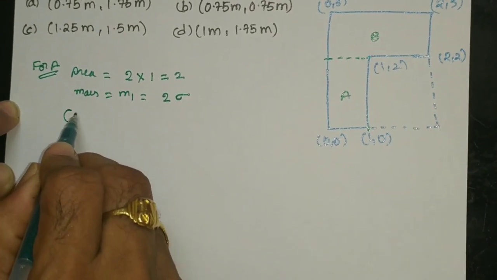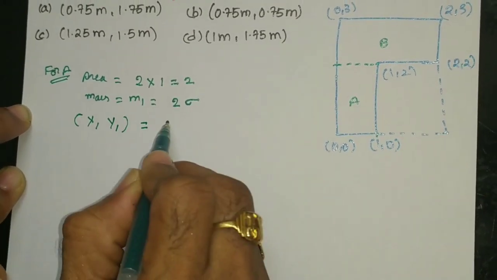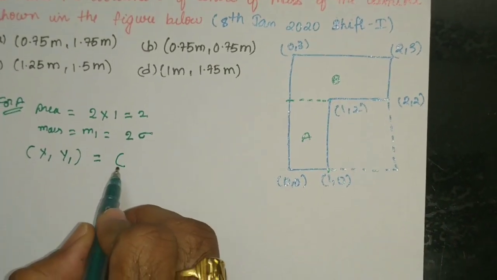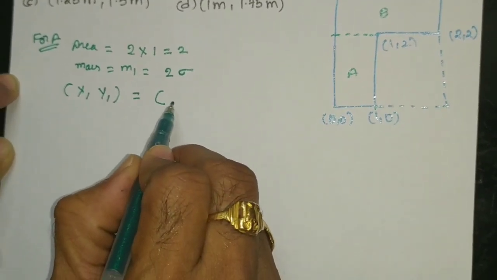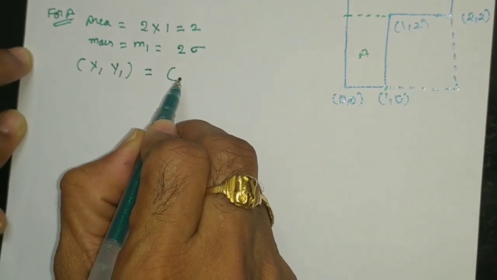As it is a uniformly distributed rectangular lamina, the center of mass x coordinate is at the center of the x extent, and the y coordinate is at the center of the y extent.